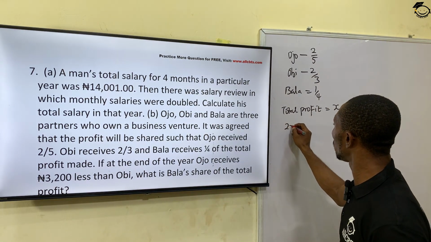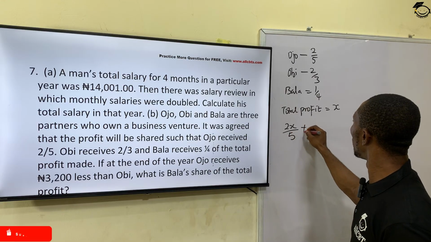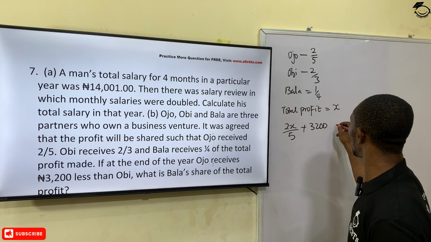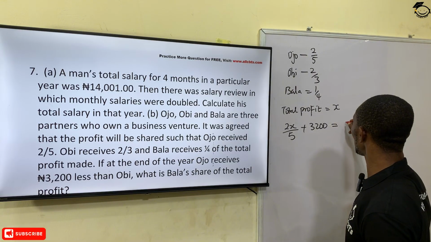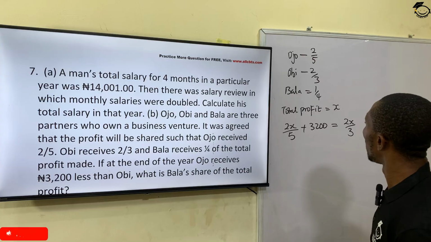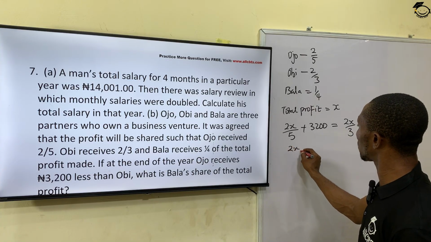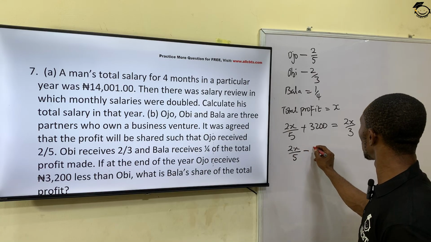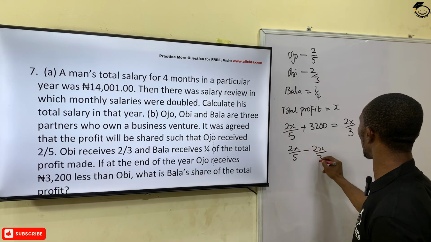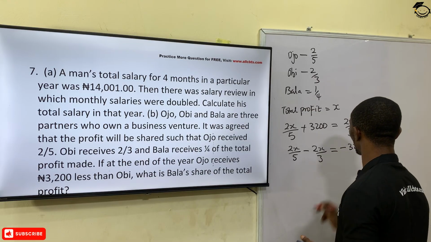So Ojo will be 2x/5 plus 3,200 equals 2x/3 of Obi. Having this, we'll collect like terms, which gives us 2x/5 minus 2x/3 equals minus 3,200.